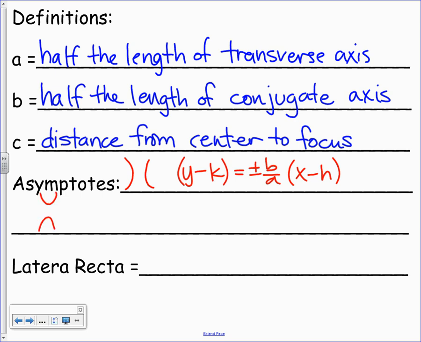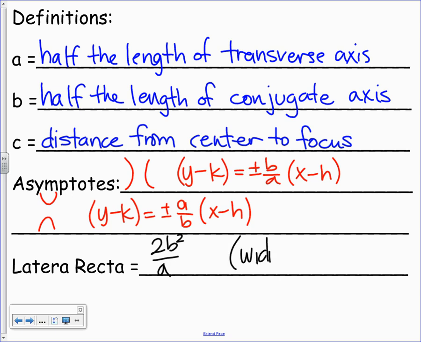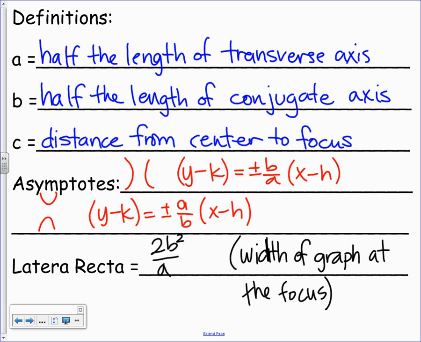If you're opening top and bottom, then we'll have y minus k equals plus or minus, flip the slope, a over b times x minus h. Your latus rectum is still going to be 2b squared divided by a, just like it was before. It's still the width of the graph at the focus. You're not changing the definition there.